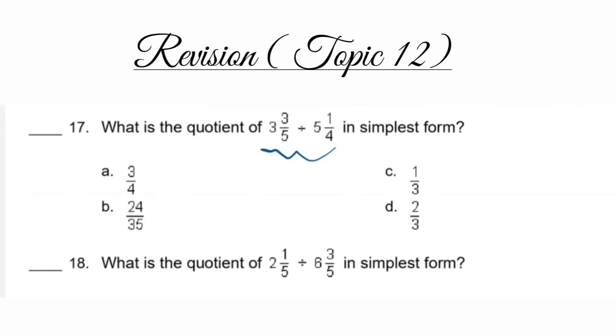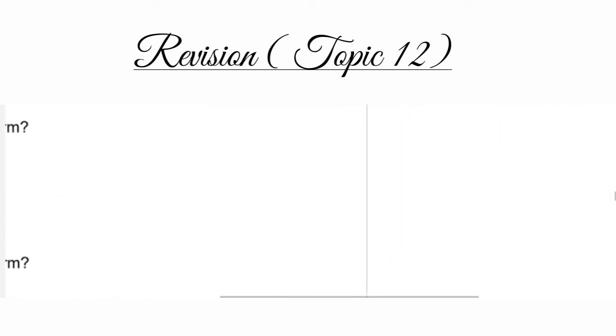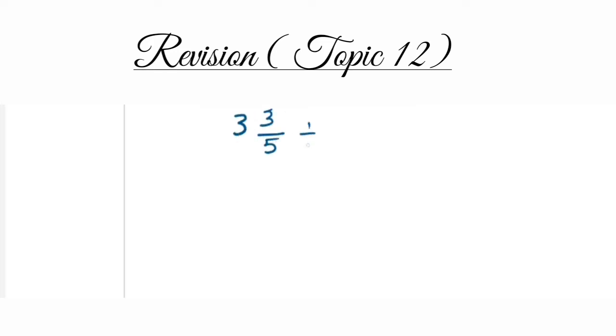So let's find this division. We have 3 and 3/5 divided by 5 and 1/4. The first step, convert the mixed numbers into fractions.